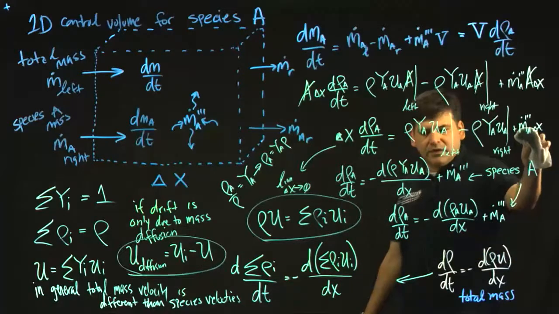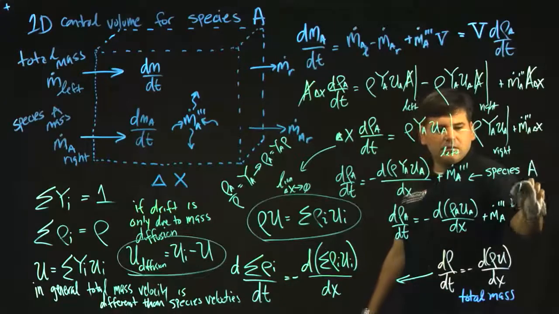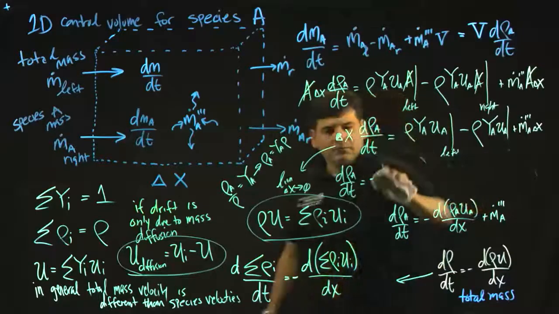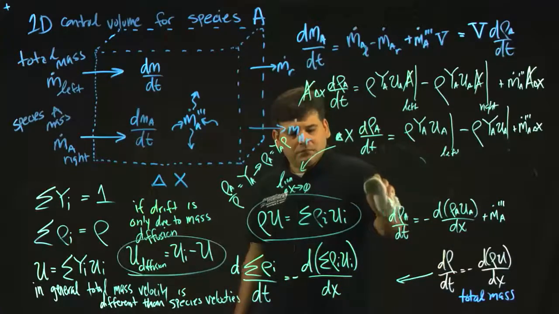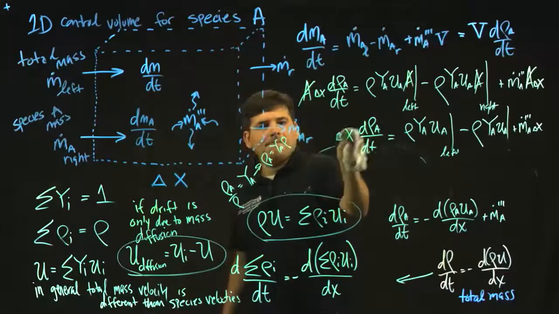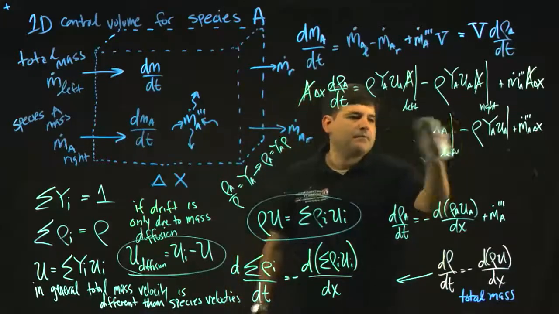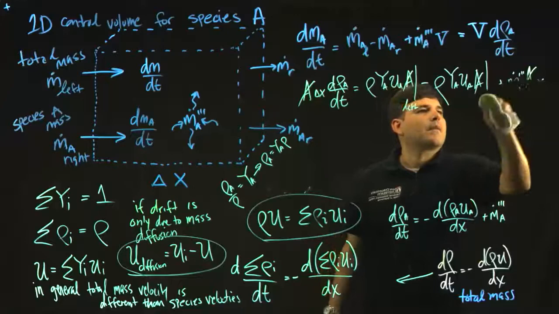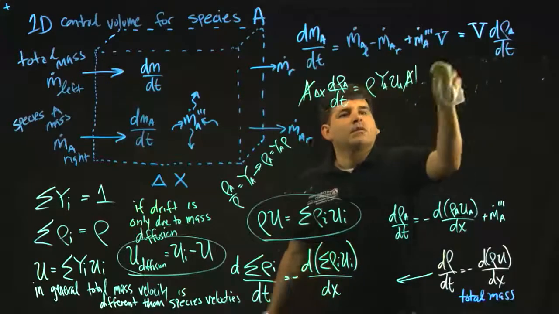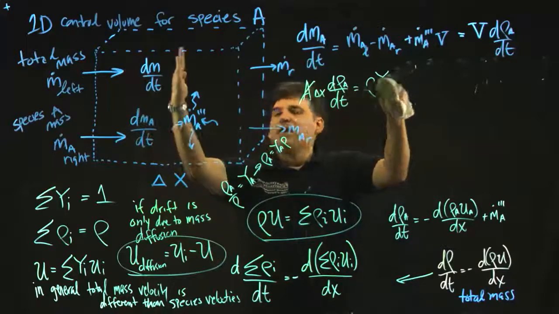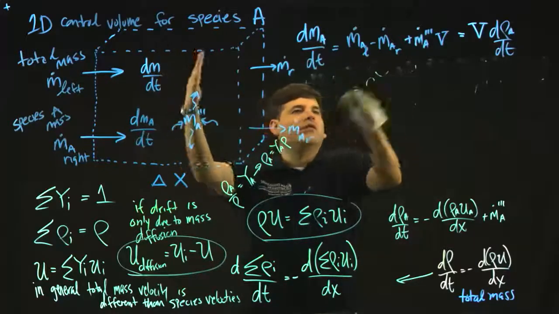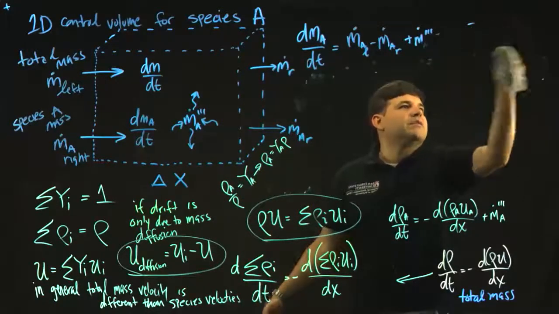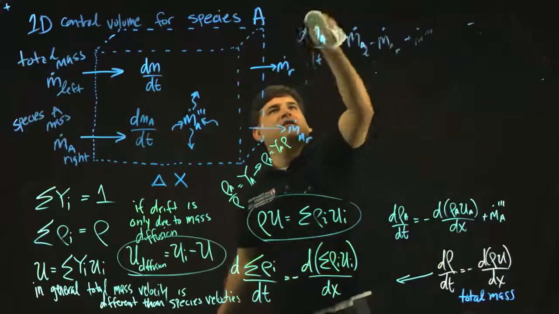Let's start over here again. This is species A. What this is saying is that there can be some velocity of the total flow in one dimension, but each individual component can vary a little bit. I'll show that as a diagram.